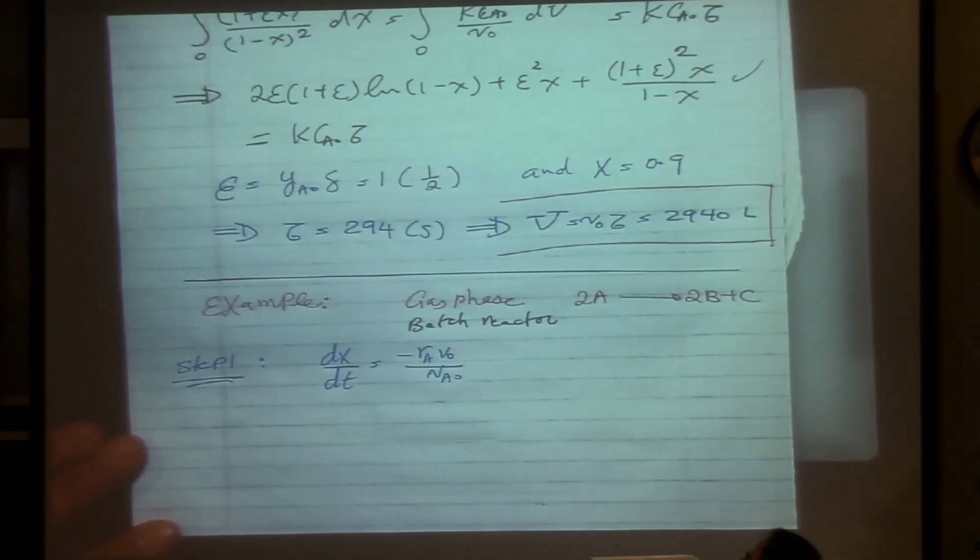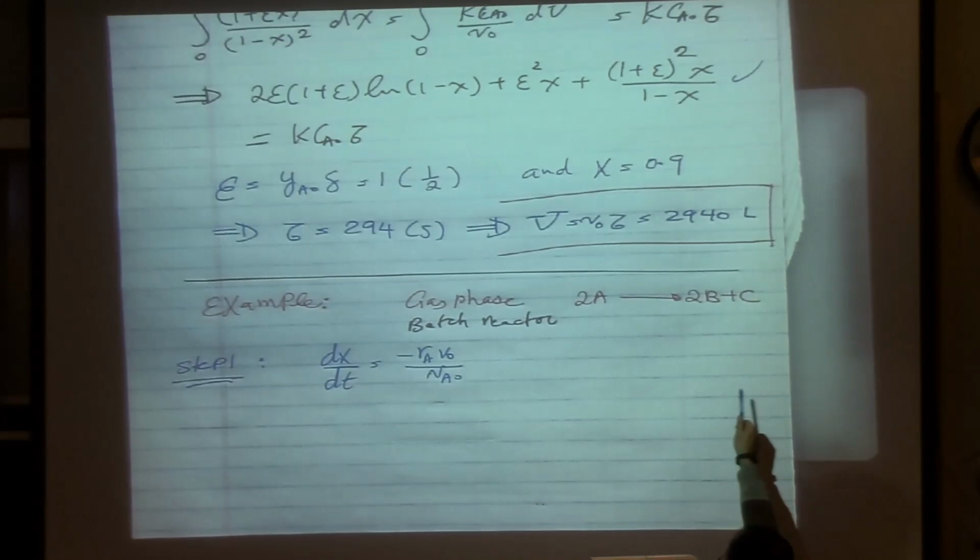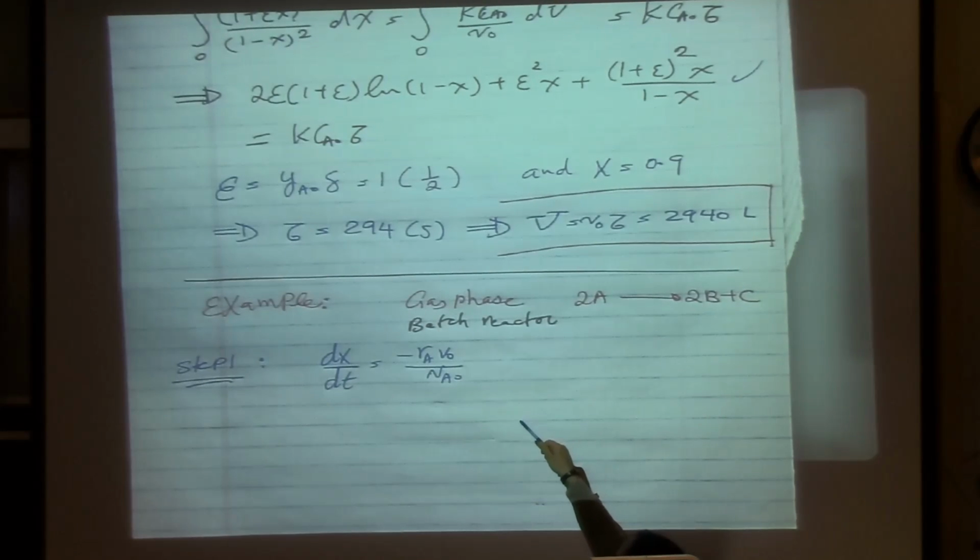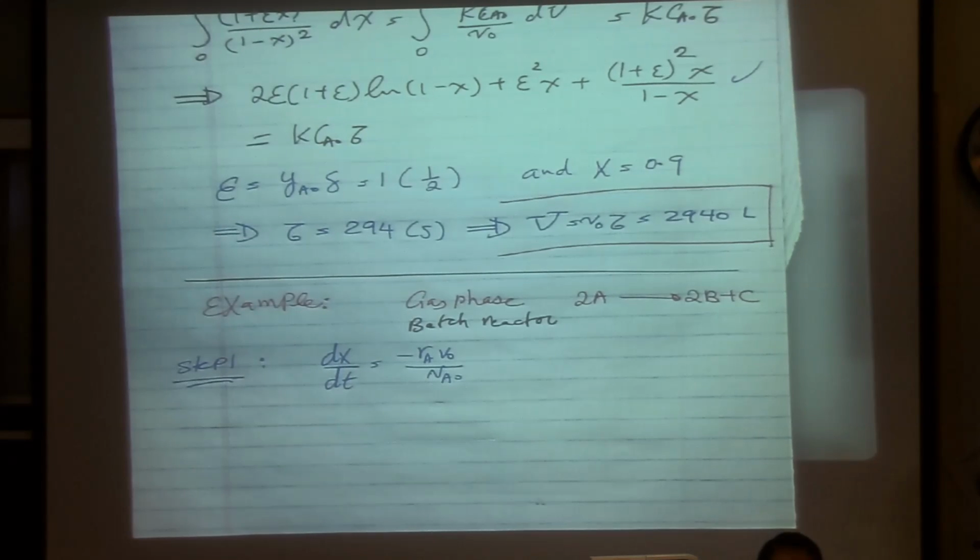The question is: this gas phase reaction is taking place in a batch reactor. We want to calculate the time that a certain conversion takes place. Basically, a relationship between the time and the conversion. The conversion is 0.9.